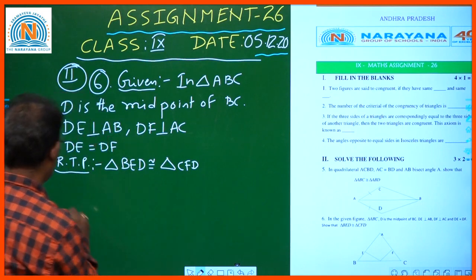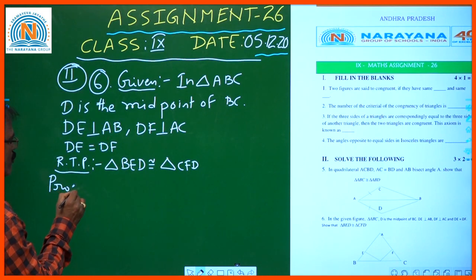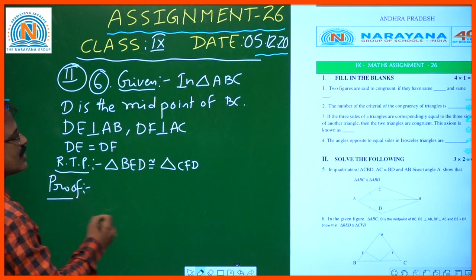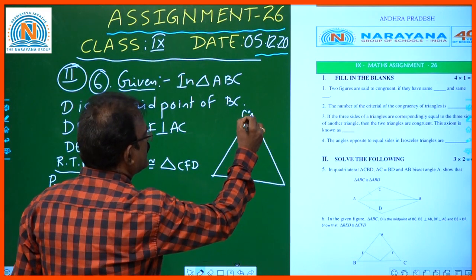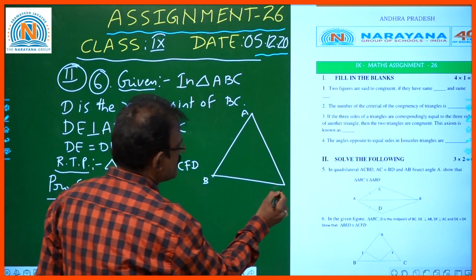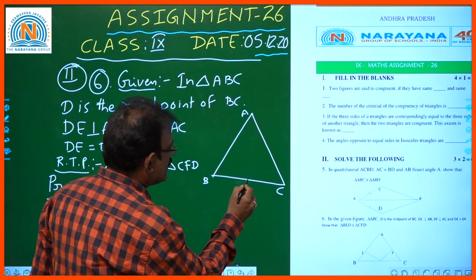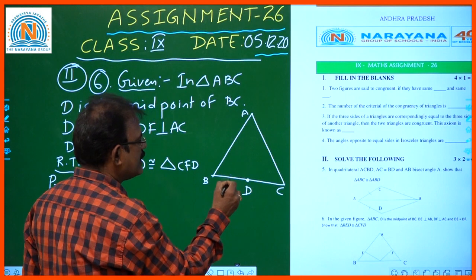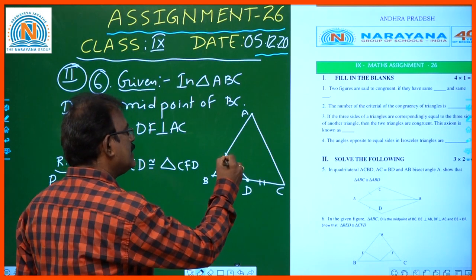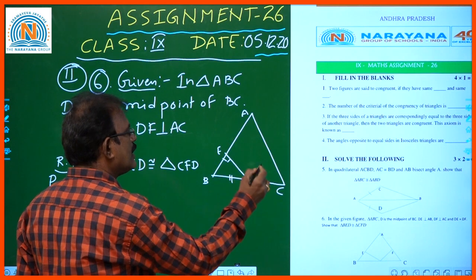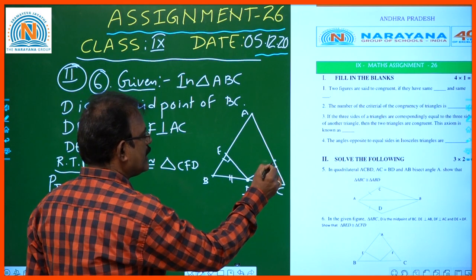Okay, so proof. Before going to the proof, let us draw the diagram. A, B, C. Here D is the midpoint of BC, that means these two are equal. Then it is 90 degrees and it is 90 degrees.